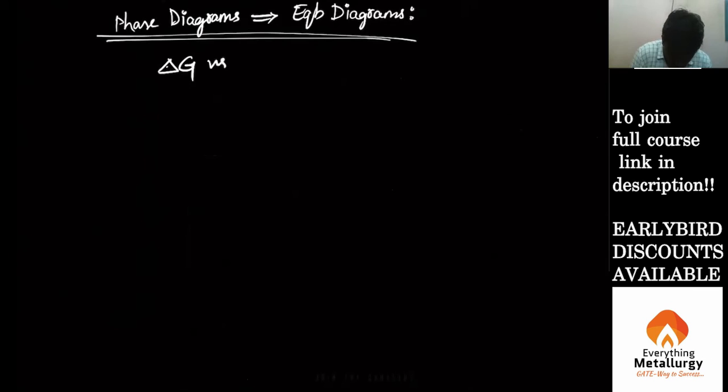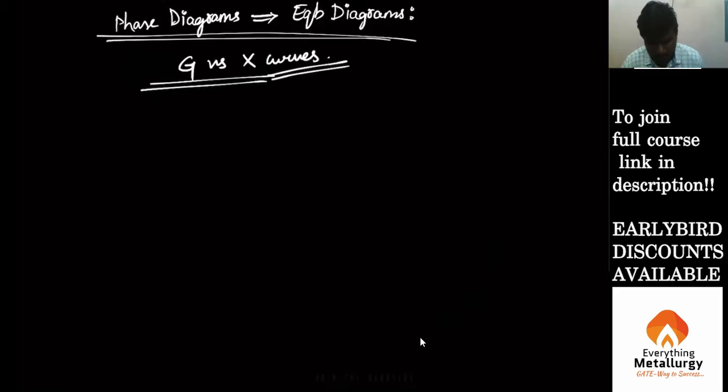So usually we draw G versus X curves. The derivations and all we'll be discussing in detail in the course. But now I just wanted to discuss this for the isomorphous diagram I told you about, and also for eutectic, and how the governing factor of Gibbs free energy changes.